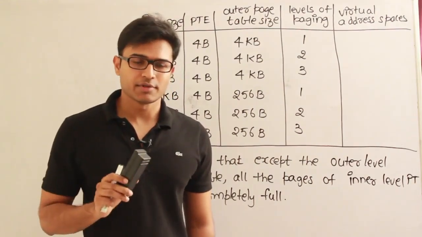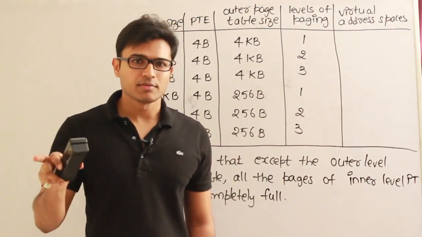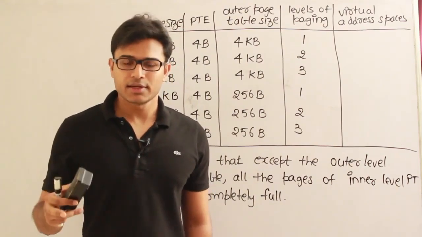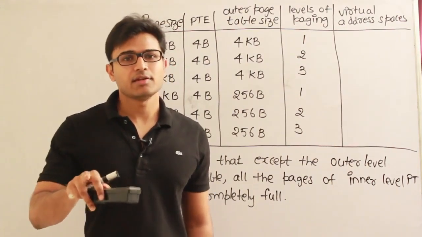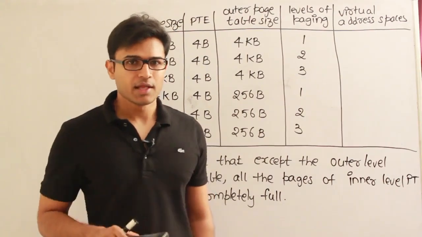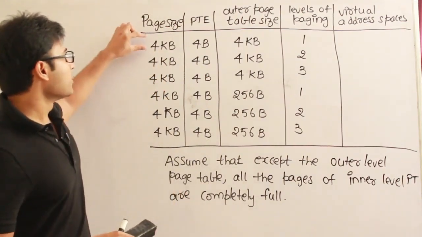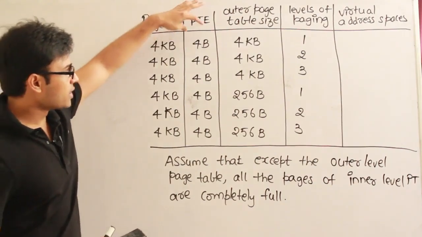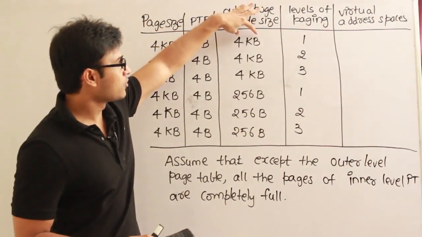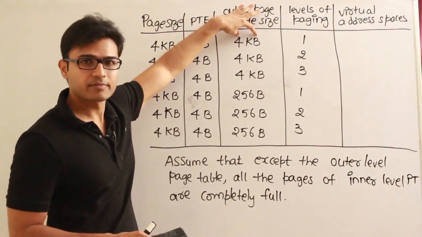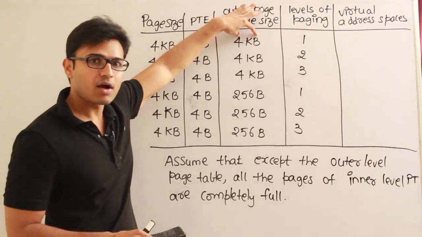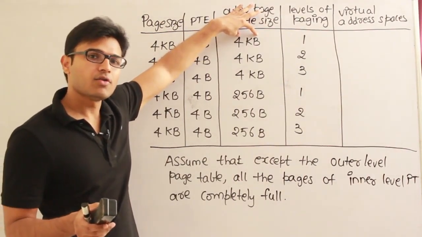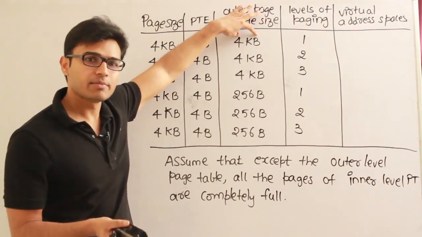Sometimes the last level page table might not require the entire page. In that case the page table size and the page size might not be the same. See this: if the page size is 4 KB, it so happened in this example that the outer level page table is 4 KB, right? The outermost level page table cannot have more than the page size.